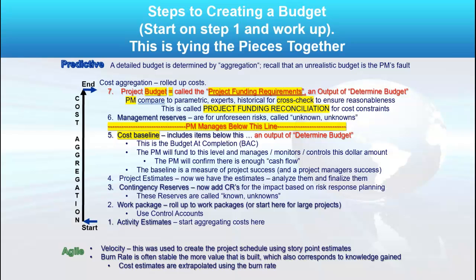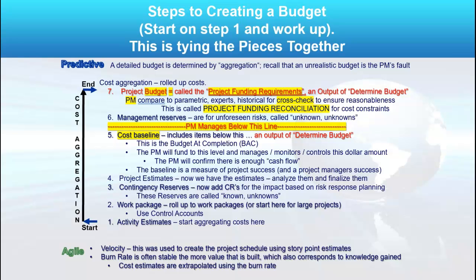So I want to do activity estimates, and that's in the schedule, and those roll up into the work packages, which is scope management focused. And that's where I applied my control accounts, those numbers that we talked about in the work packages during the work breakdown structure conversation in scope management. So I have the activity estimates from the schedule. Those roll up into the work packages of scope management and my WBS.